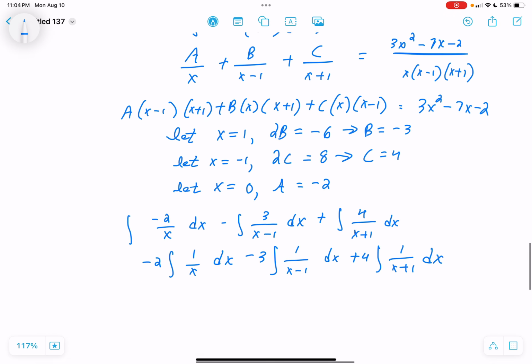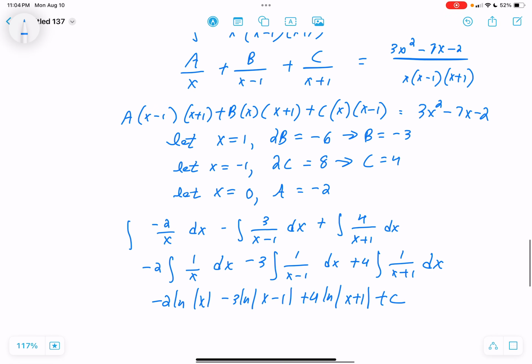Now these are all simple ln, and I'm going to get negative 2 times the ln of the absolute value of x minus 3 times the ln of the absolute value of x minus 1 plus 4 times the ln of the absolute value of x plus 1 plus c. And that is going to be my final answer.